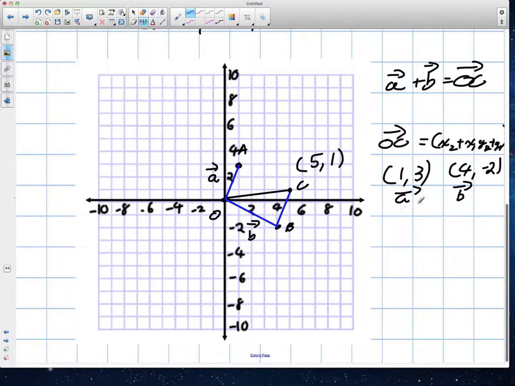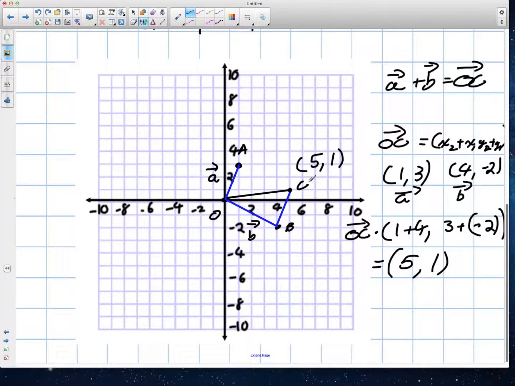So we're going to be adding these together. We take 1 plus 4, and we take 3 plus negative 2. This is going to give us our component value of OC. So when we do that, we're going to get 5 and obviously 1, the exact same as if we looked on the graph.